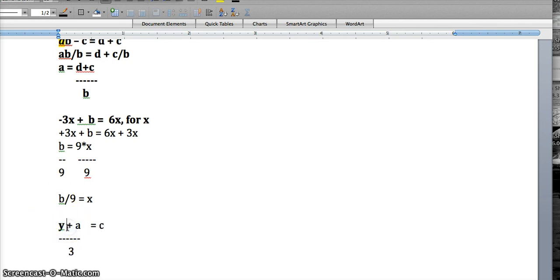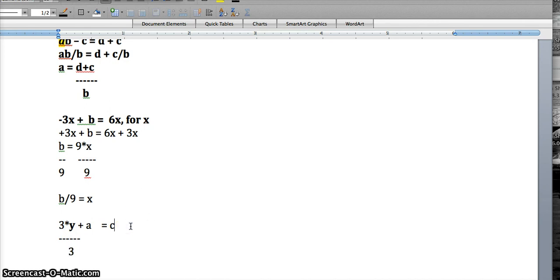When I'm doing these homework assignments, if I was a student, I would circle the letter they want me to get by itself, so I remember, because sometimes the other ones get in my way and get confusing. We need to get this y by itself. We've got to divide by 3, so we need to multiply by 3. A 3 over a 3 changes to a 1, so those numbers go away.